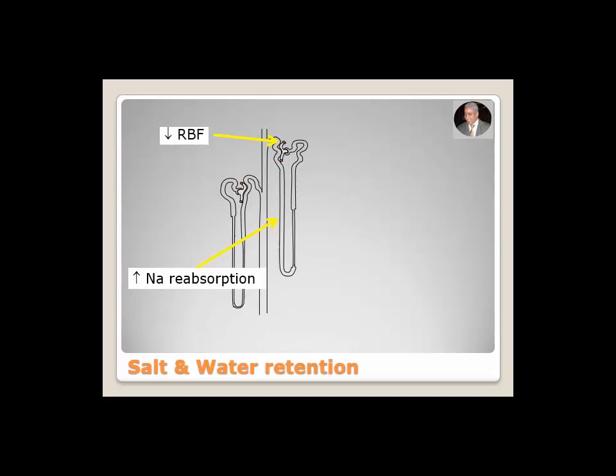The retained sodium drags water with it by its osmotic power. The earliest presentation of salt and water retention is increased body weight, since each liter of fluid weighs 1 kilogram.